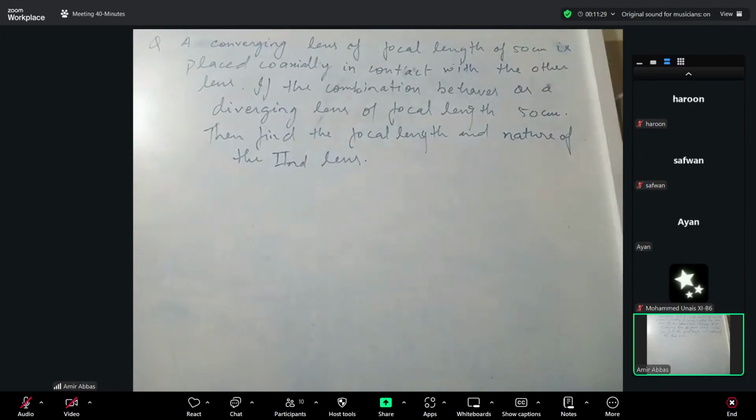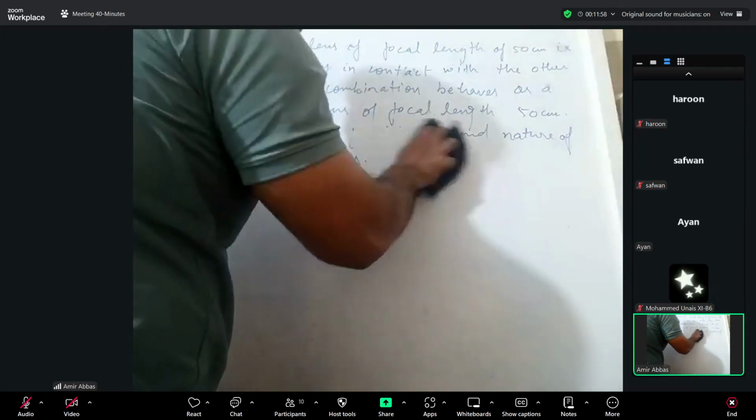It is very simple, isn't it? Instead of focal length, if you want to calculate the power, you can write the power also.